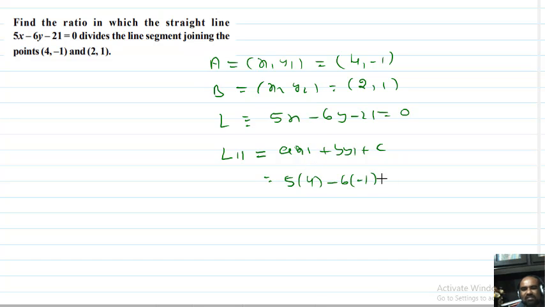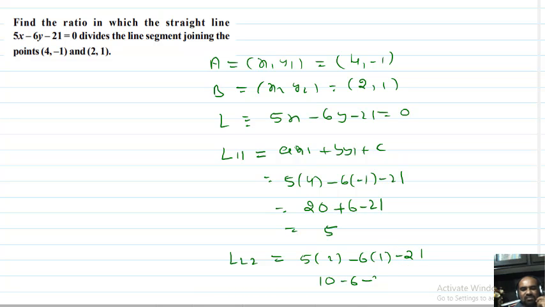That is 20 plus 6 minus 21, which equals 5. Now L double 2: 5 into 2 minus 6 into 1 minus 21. That is 10 minus 6 minus 21, which is 10 minus 27, equal to minus 17, students.